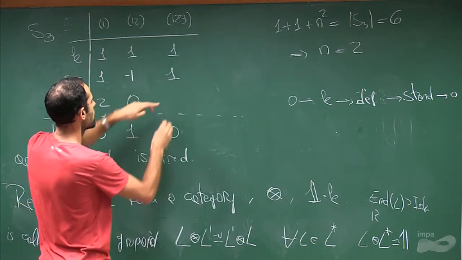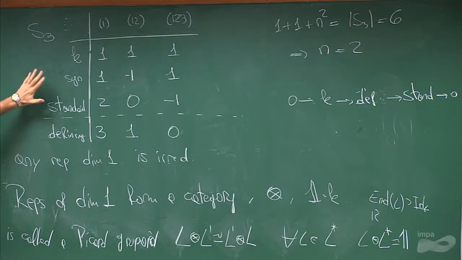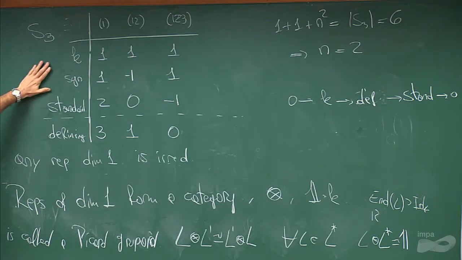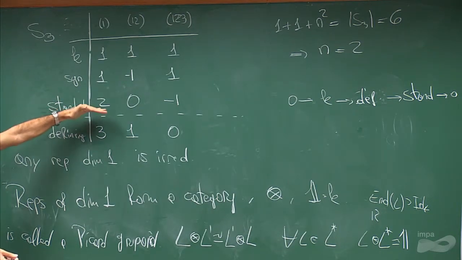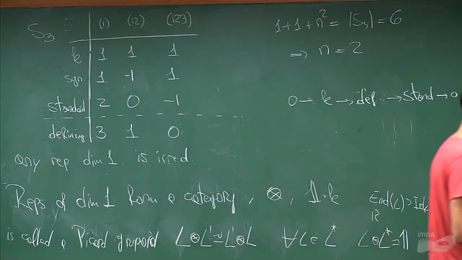And 0 minus 1 is minus 1. And that's the character of this 2-dimensional irreducible representation of S3. You can check, and you can construct this representation explicitly if you wish. And that's it. A nice exercise, I guess.